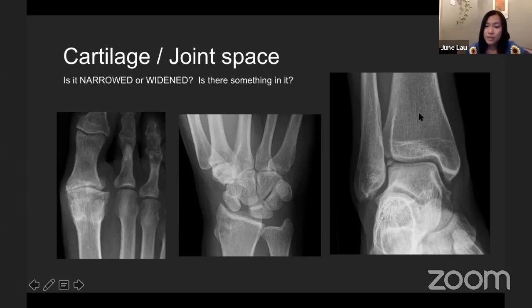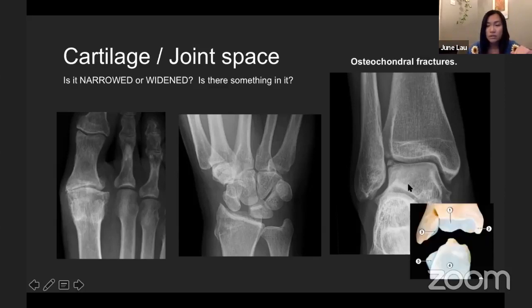In this case, you've got an AP view of an ankle, and this little bone fleck here is now within the joint space because it's come off your talus, the talar dome. And this is just a little anatomical illustration of that.